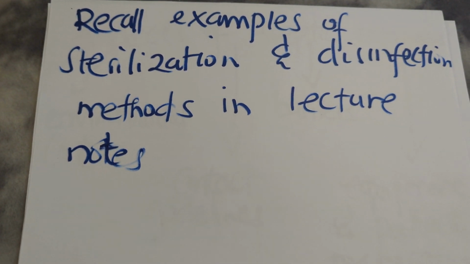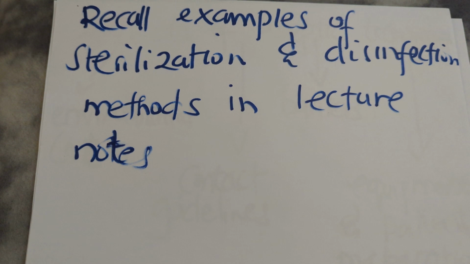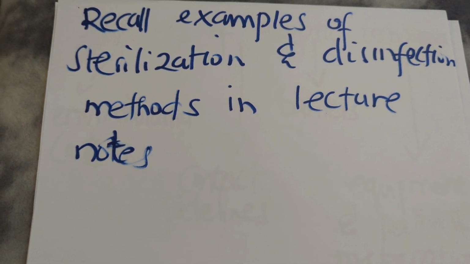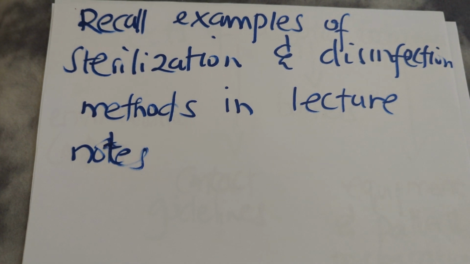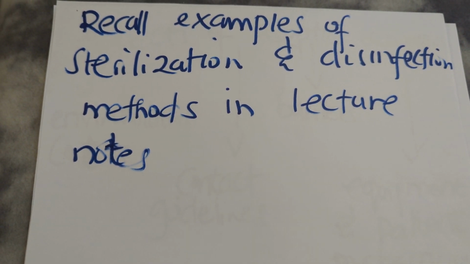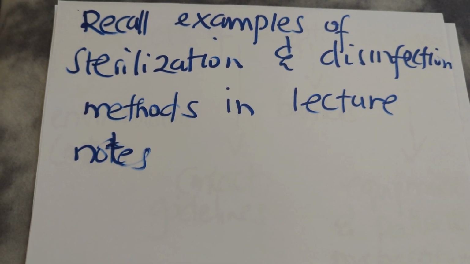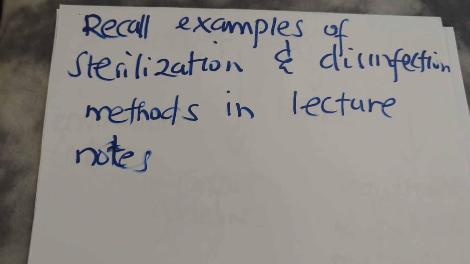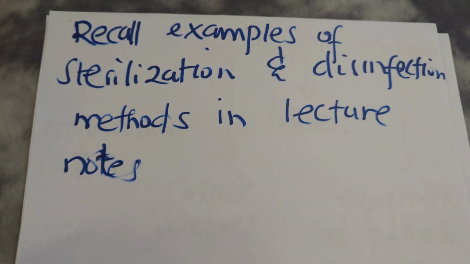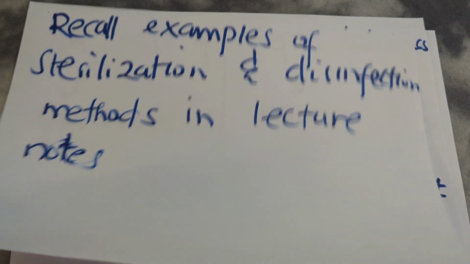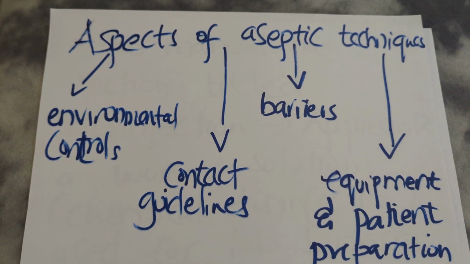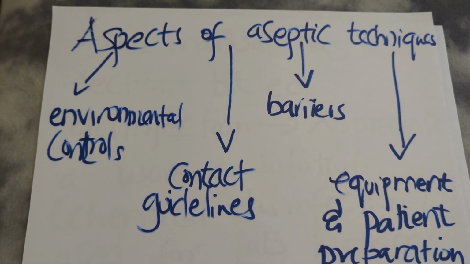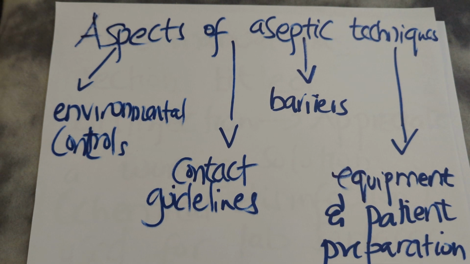But don't forget all the details that you know about sterilization and disinfection in the lecture notes. With disinfection, we have an example in our lab menu of a chemical disinfection. In the very first part of your lab menu, you have an illustration. But let's continue with aseptic techniques itself.